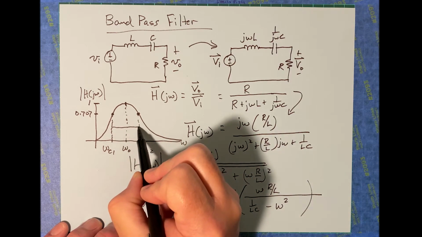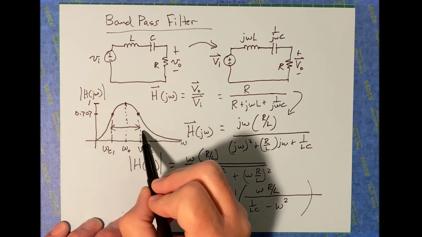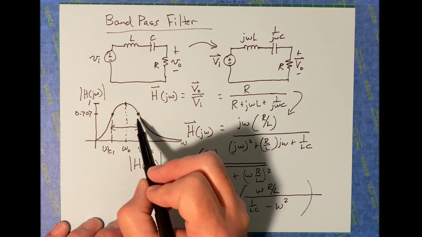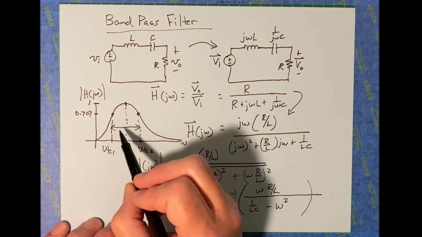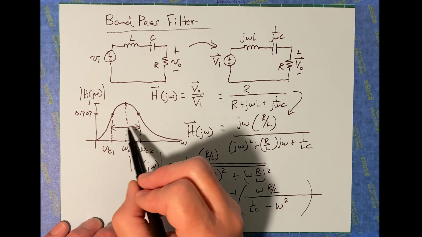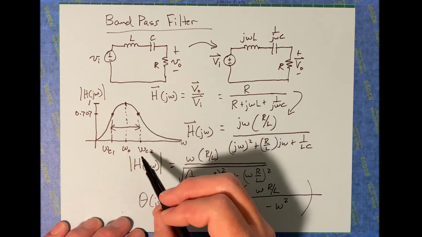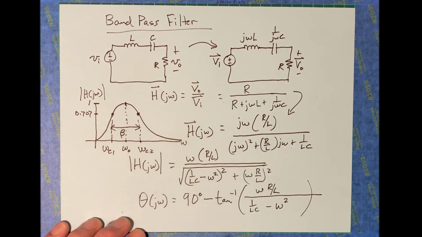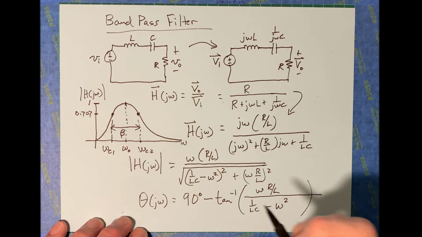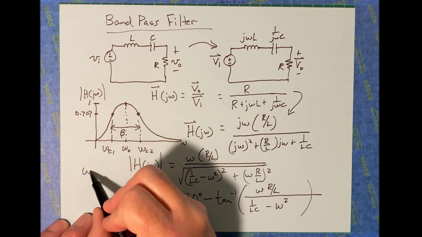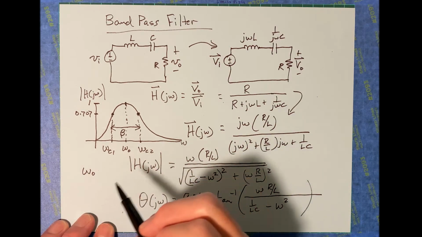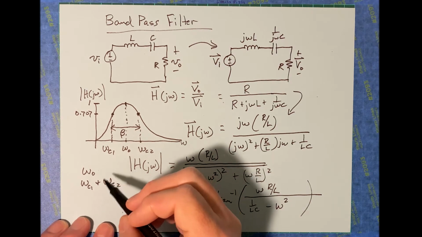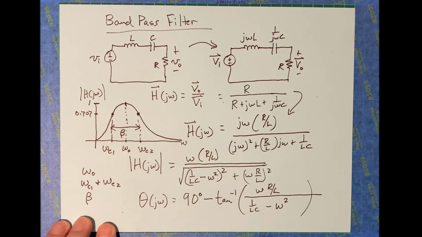So the width here, where it's above 70.7%, that width is called the band pass, because that's the bandwidth that is being passed through the filter. Now that is symbolized with beta there. Now you've got a center frequency, that's omega naught. You've got 2 cutoff frequencies, omega sub C1, omega sub C2, and then you've got the bandwidth, which is beta.